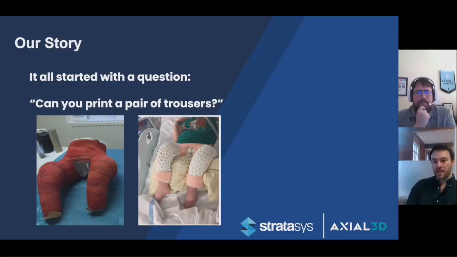But really, because he had this different way of thinking, I can take these 2D images that I would traditionally get, form them into 3D files and 3D print things, it started to make him think differently about how he could actually treat his patient. And really what we were able to do was take the cast of this patient's legs, CT scan that cast, form it into a 3D file, and then 3D print it on a large format 3D printer.